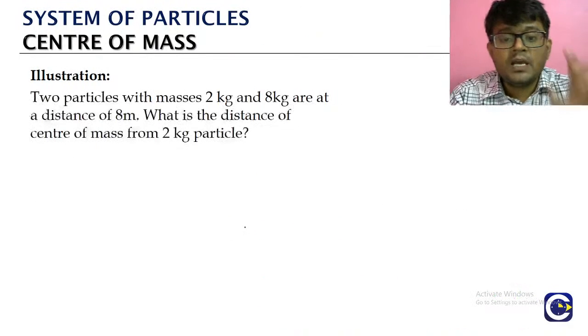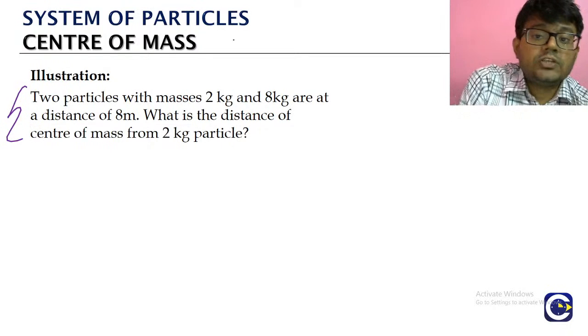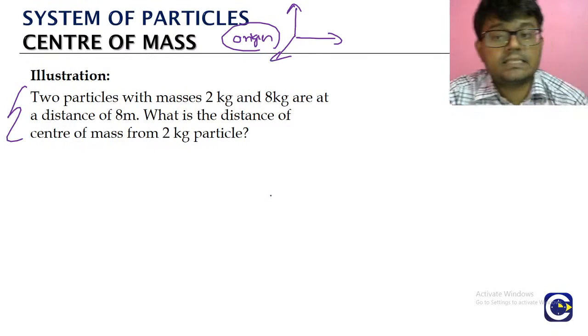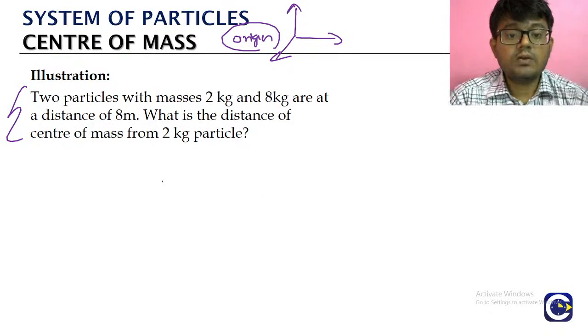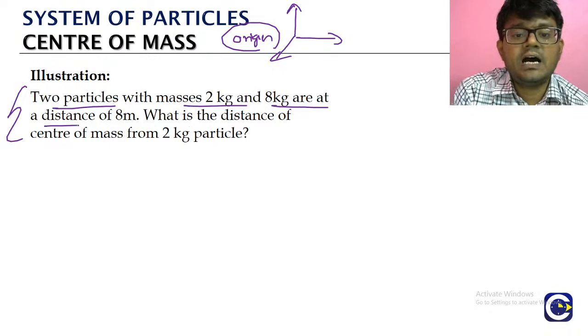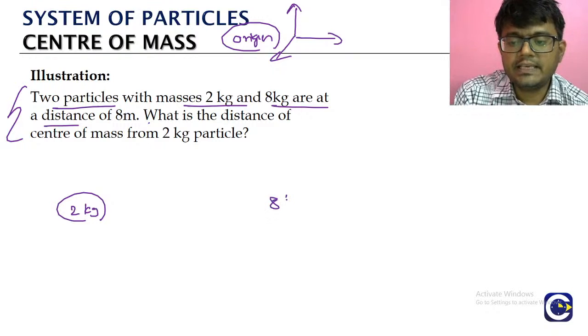Okay. Now in the previous questions, they were actually giving us what is the origin. They were telling us which direction is x-axis, which is y-axis, which is z-axis. They were giving us the coordinate system also. But look at this question. Two particles of mass 2 kg and 8 kg are at a distance 8 meters. Means what? 2 kg is here, 8 kg is here.